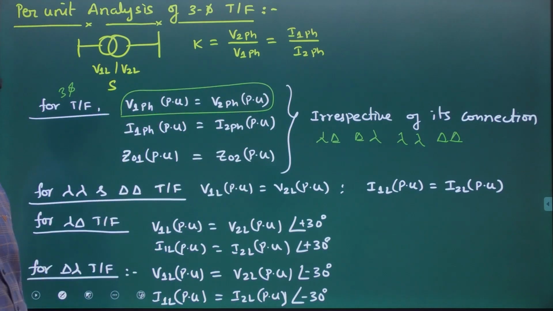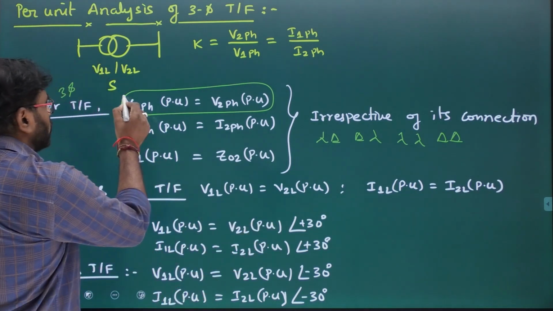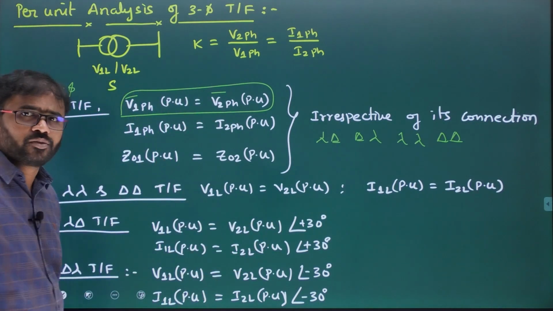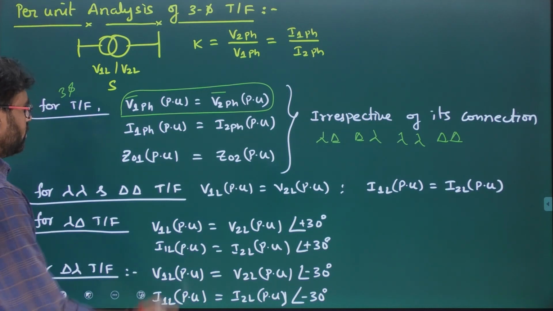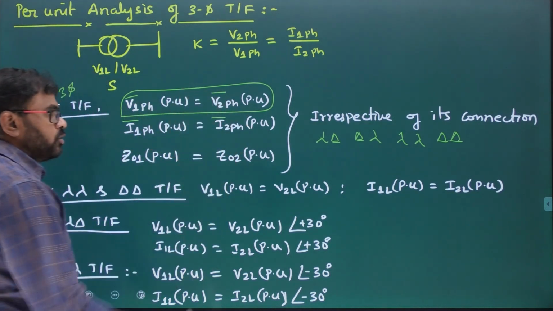Phase voltage in the primary and phase voltage in the secondary are always the same, and there is no phase shift. The magnitudes are the same, and the phase angles are also the same. Okay, clear? Similarly, I1 phase and I2 phase are also the same.